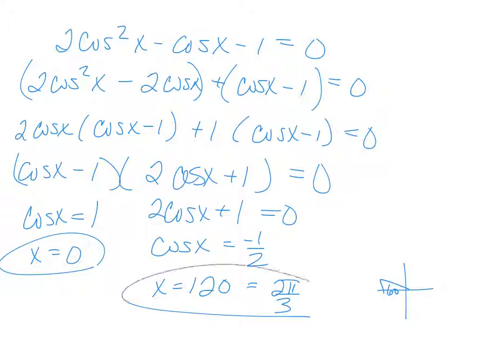So x equals 0 and x equals 2 pi over 3 are our two answers. It's a general solution, so we have to add 2n pi to this one and 2n pi to that one. Cool.